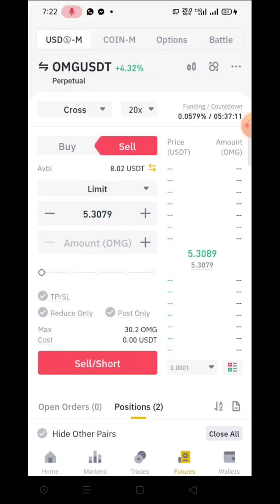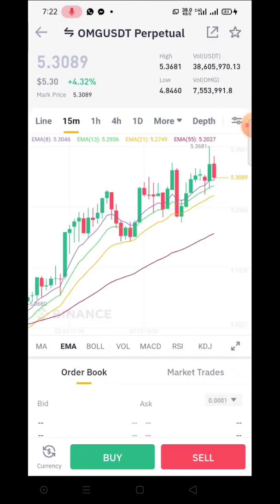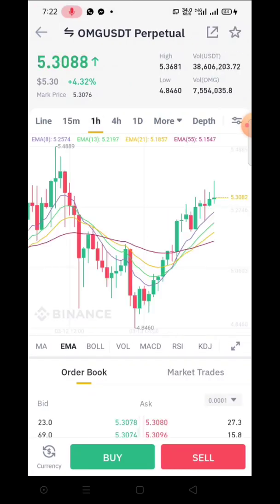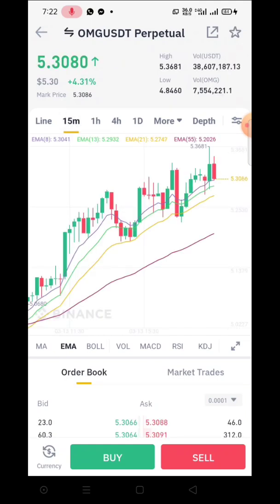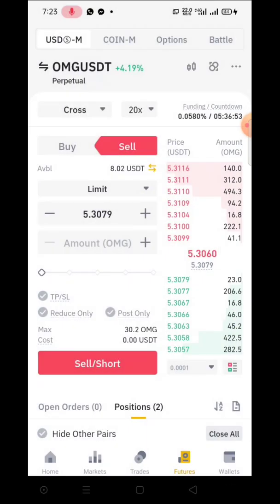Let's see if we can trade with this. Okay, one hour ago it was high, it was low, it's going to be stagnant. We can't trade with this for now. Can't trade with that.